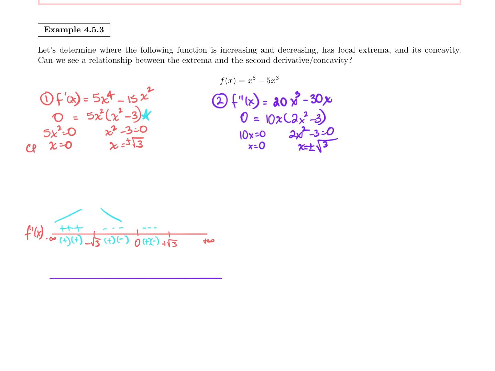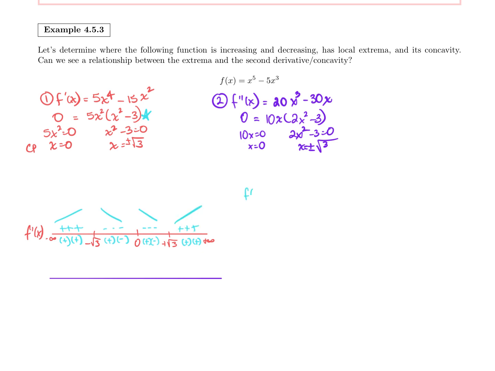So we'll still have a decreasing function. And then if we plug in a number larger than the positive root of 3, like say 2, well, we have positive times, well, 2 squared is 4, 4 minus 3 is 1, so still positive. So our function is increasing.